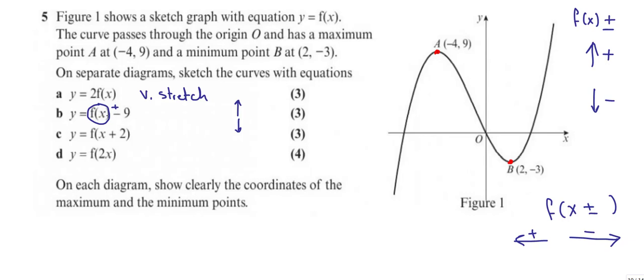So when you have f of x minus 9 this is shift ايه يا شباب؟ shift فين؟ shift down 9 units زي ما اتفقنا. قلنا لو عندي f of x plus minus يعني في plus أو minus it's up and down. It's minus down plus يبقى up.